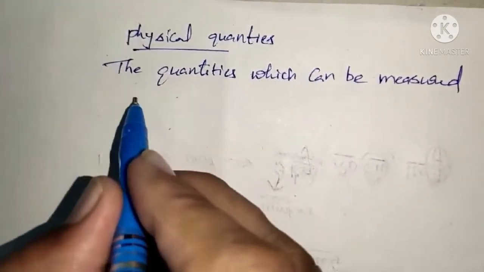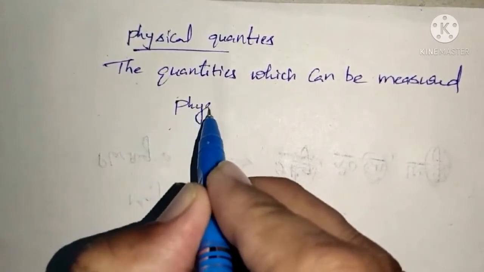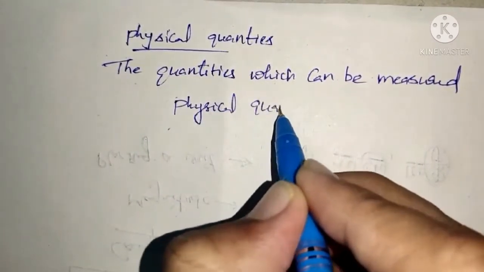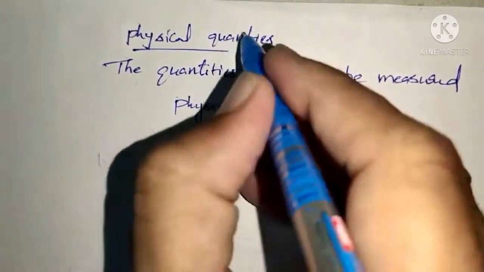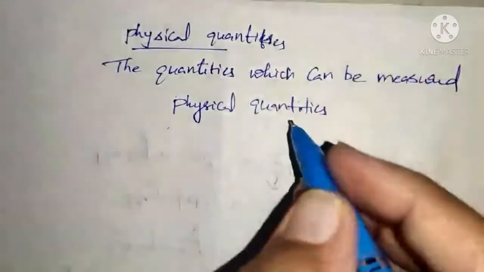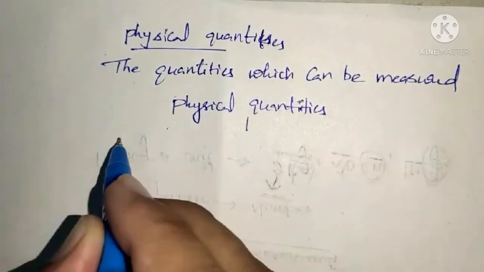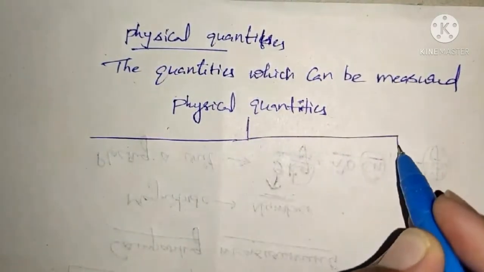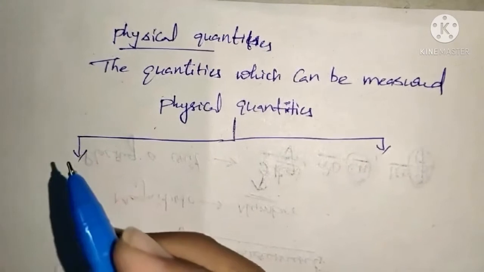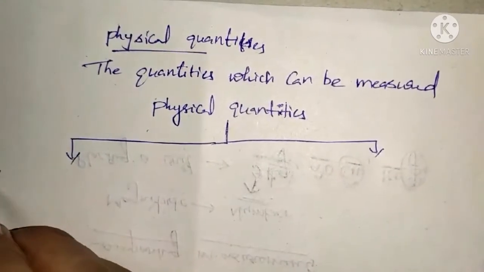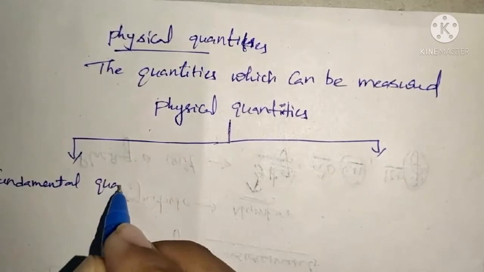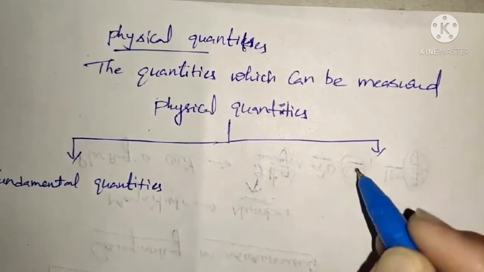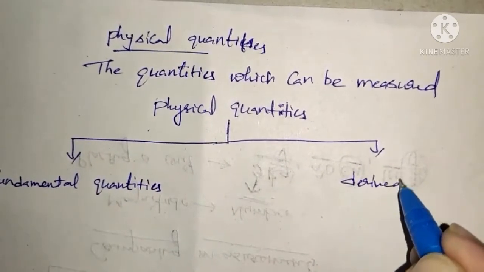The physical quantities are divided into two types. One is fundamental quantities, another is derived quantities.